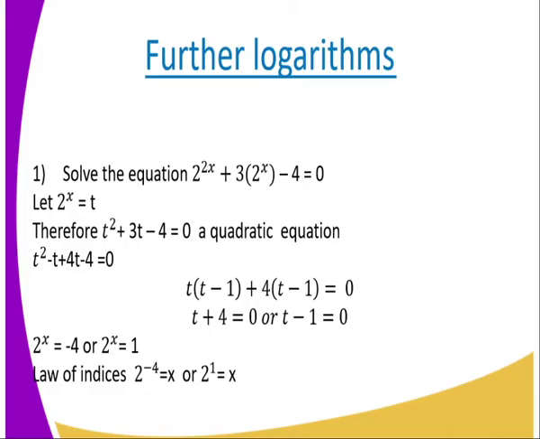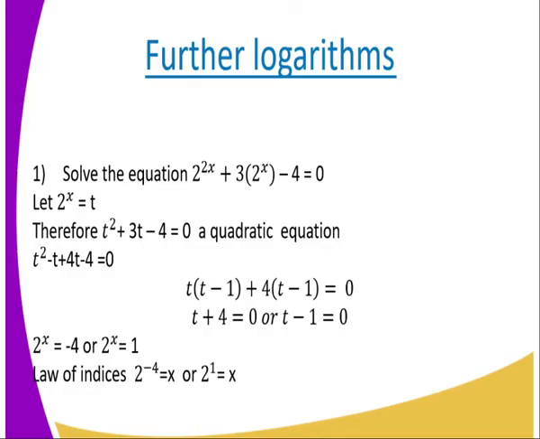We get another example. This is where now we have the quadratic equations. We need to get the quadratic equations from the further logarithms. Solve the equation 2 raised to power 2x plus 3 times 2 raised to power x minus 4 is equal to 0. So we let 2 raised to power x be t.